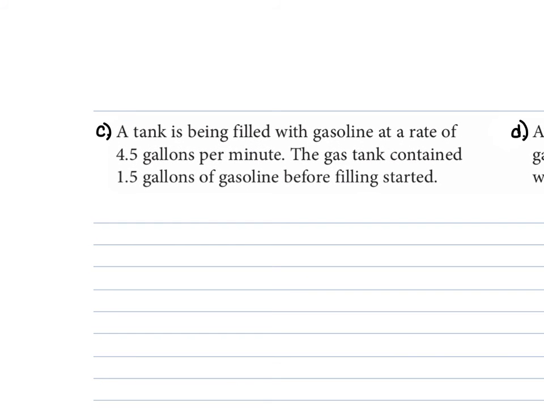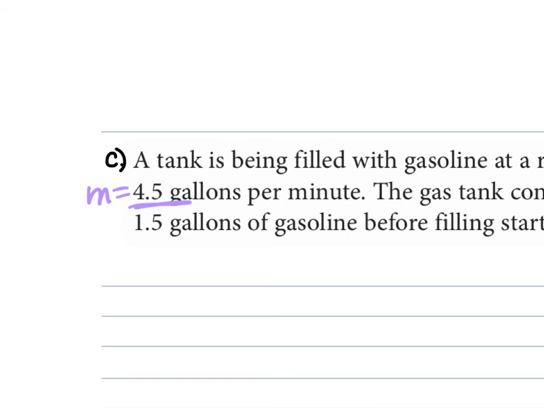For C, it says a tank is being filled with gasoline at a rate of 4.5 gallons per minute. That's our slope. The gas tank contained 1.5 gallons of gas before it started being filled. This is the ordered pair, 0, 1.5.